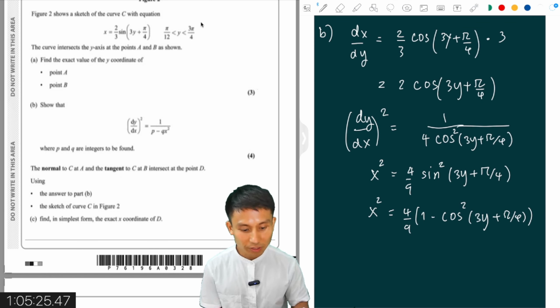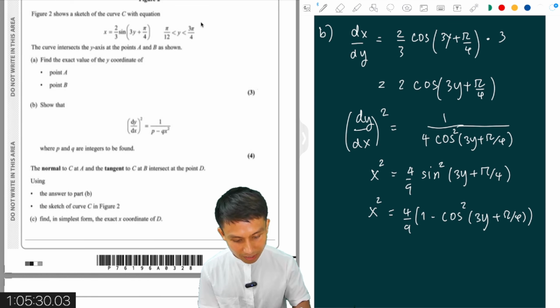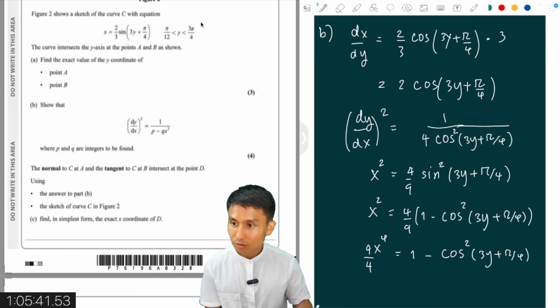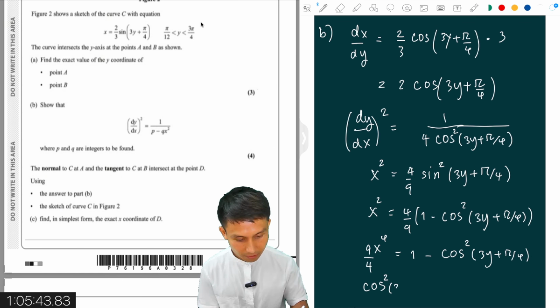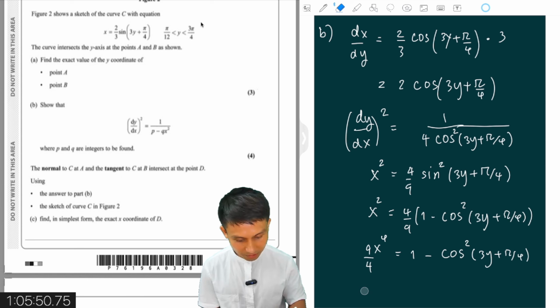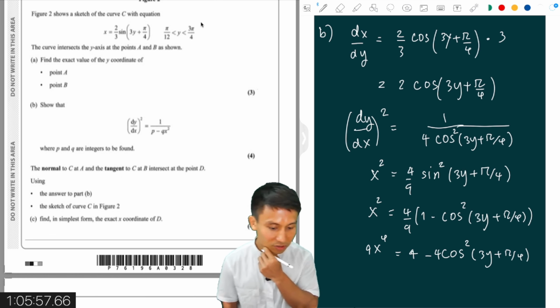The point of doing this is because I want to get rid of the cos. So if we make cos the subject, I'm just putting the 9 over 4 on the other side first. Look, I'm just going to do the 9 here and keep the 4 here, because we have the 4 cos squared there.